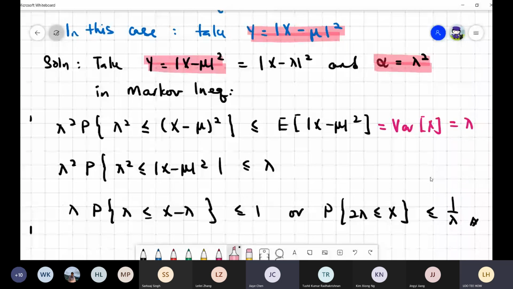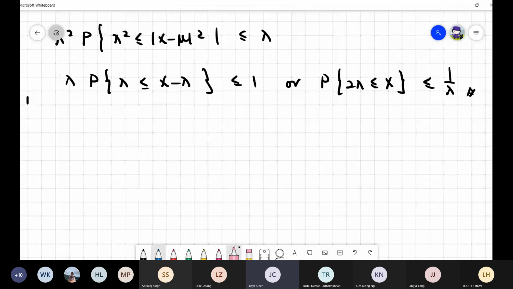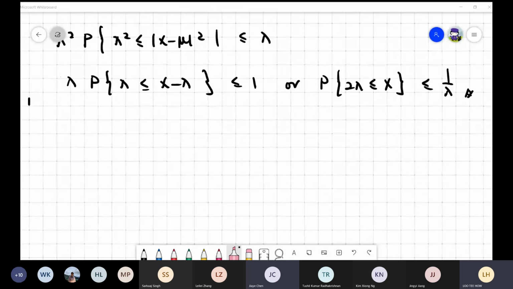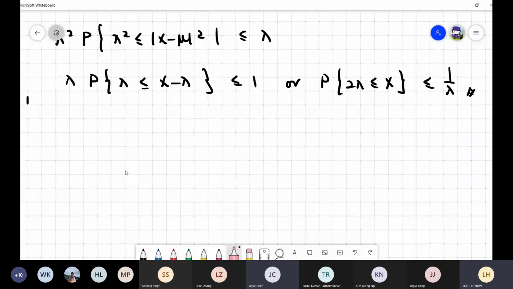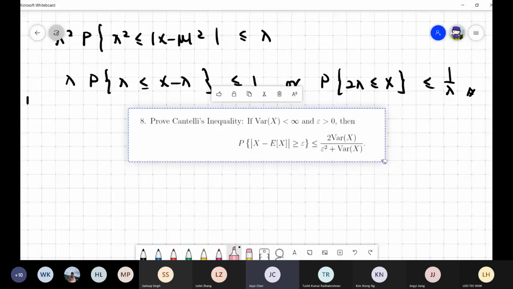Okay, since we are dealing with inequality, right? Maybe let's move to the next one. Question 8 first. So these two are the same topic. So let's move to question 8. Okay, this is the one.